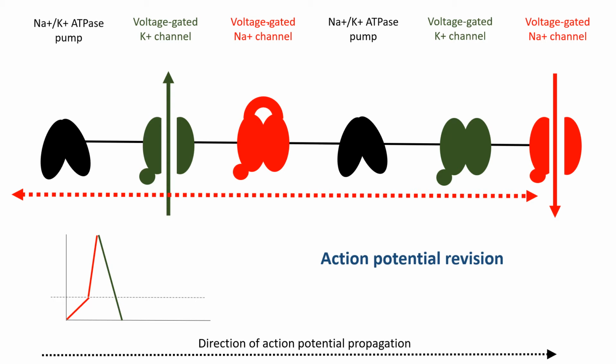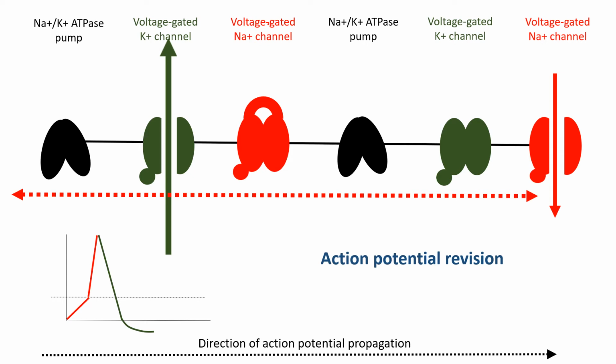And of course, the reason it goes in that direction is partly because of that little gate on top of our sodium channel when it closes, but also because of hyperpolarization. So remember, the potassium channels are slower to close.